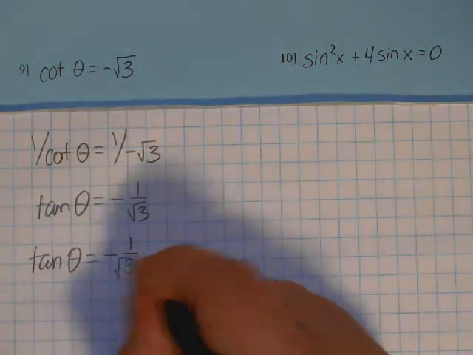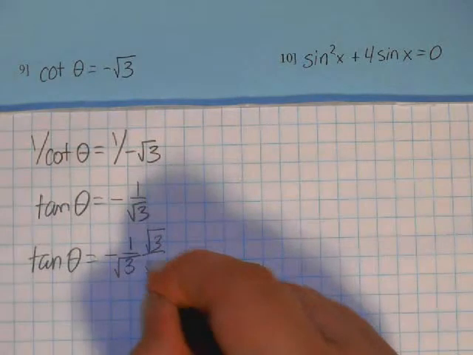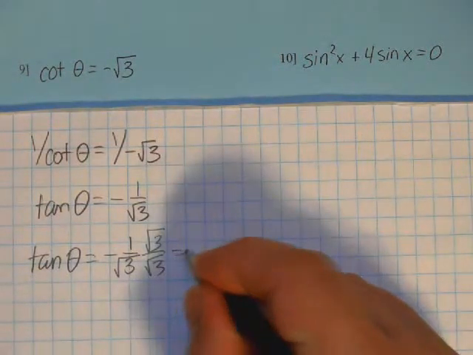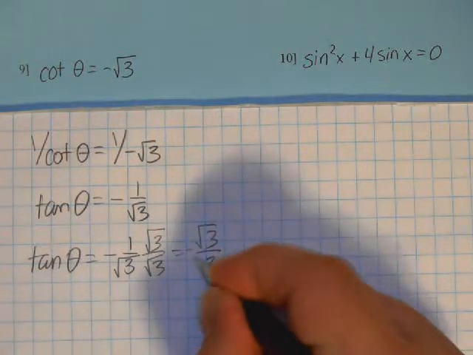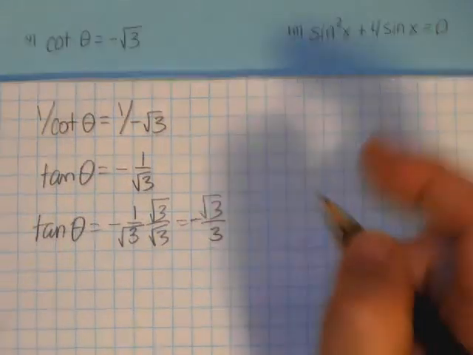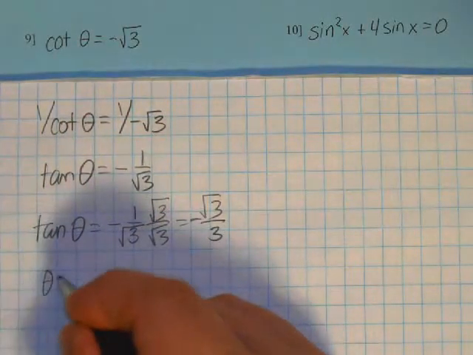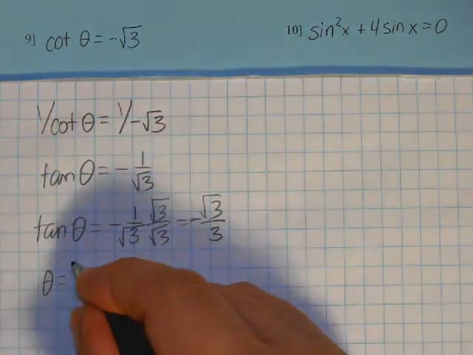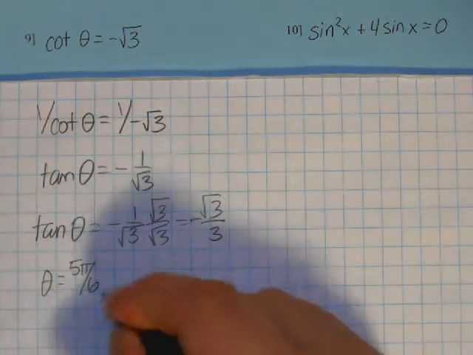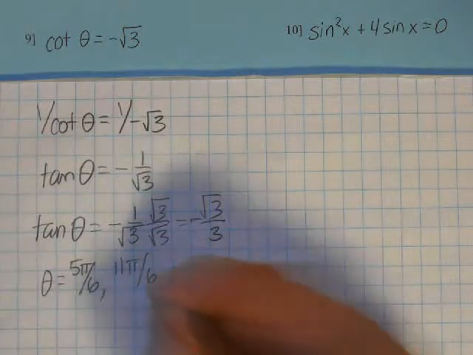So we can multiply both the top and bottom by radical 3, and I get negative radical 3 over 3. So hopefully you've written those under unit circle, and our solutions are 5 pi over 6 and 11 pi over 6.